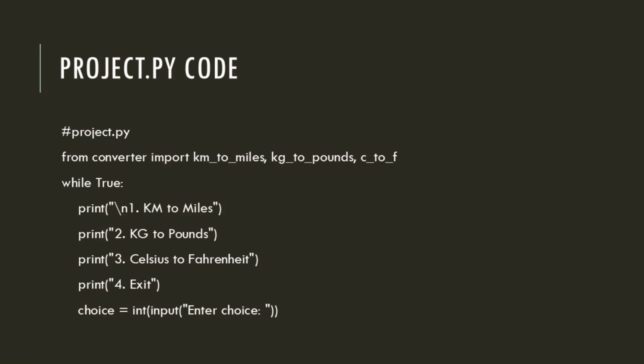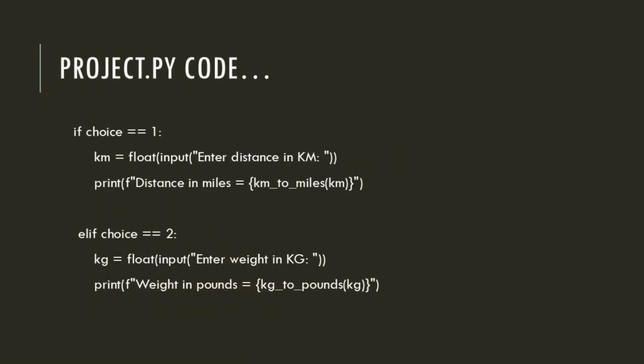So here we see that we have given the menu within the infinite while True loop, and depending upon whether the user enters a number from 1 to 3 or a 4 for exit, we will keep on running this program.